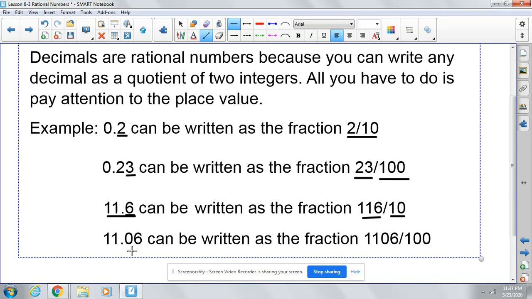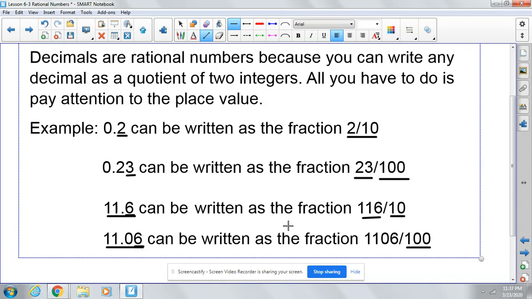In this decimal, we have 11.06. Again, we're looking at that last number in our decimal, and that is in the hundredths place. So hundredths is our denominator. Our total number is 1,106.